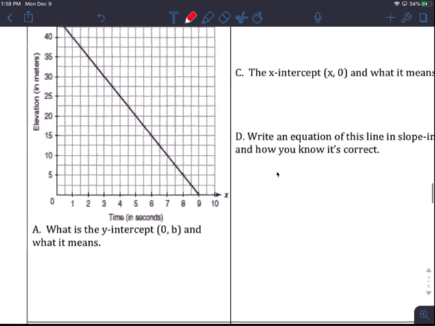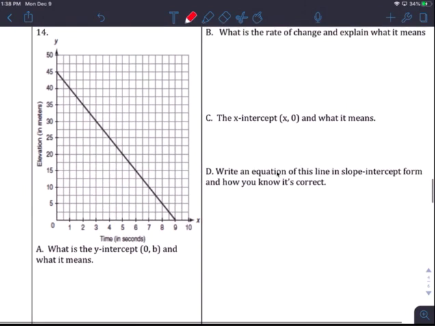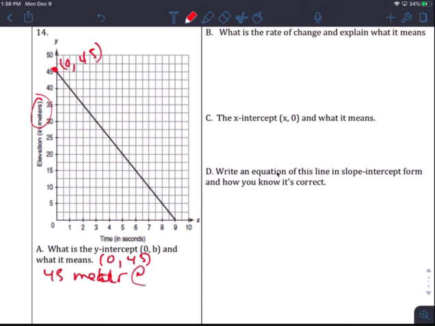Here we did this, so the y-intercept is (0, 45). What does it mean? (0, 45) is the y-intercept. 45 meters at 0 seconds. Time in seconds is at the bottom here if you don't know what it means.